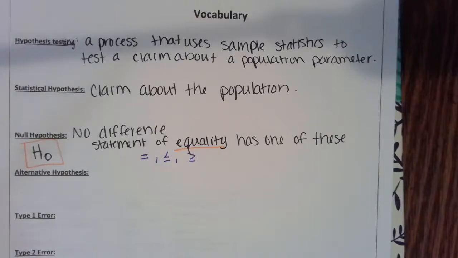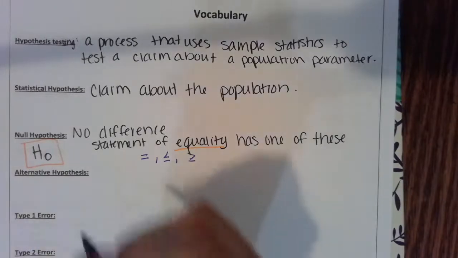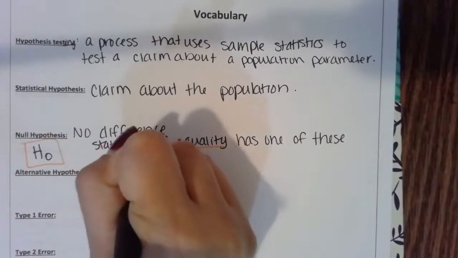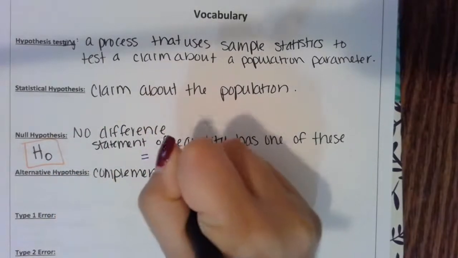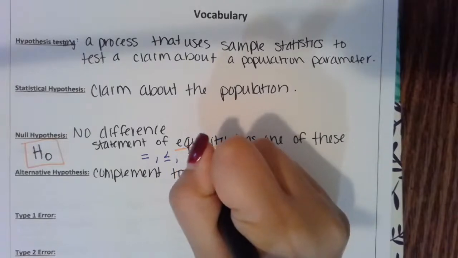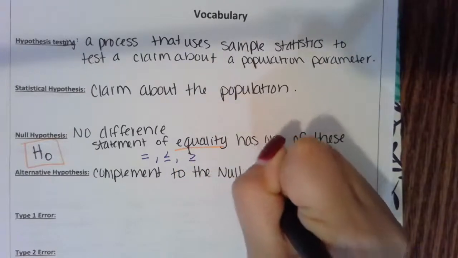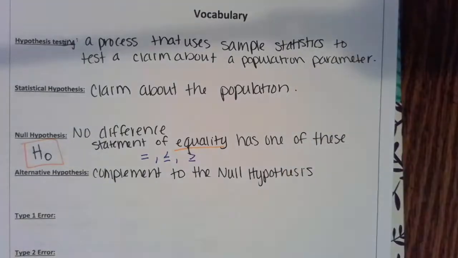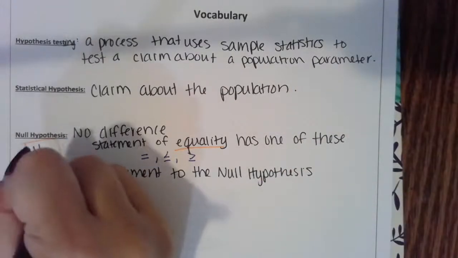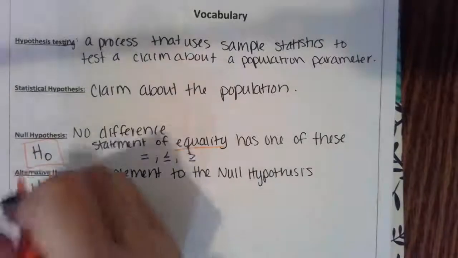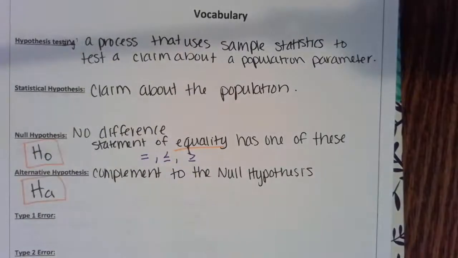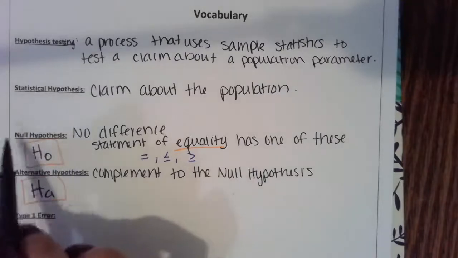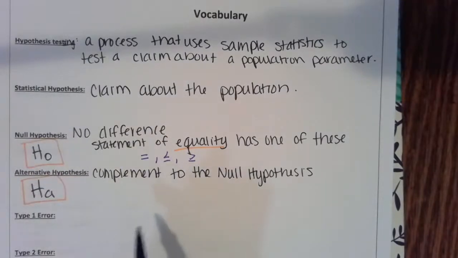The alternative hypothesis, that is the complement. Remember, complement is the opposite of. This is a complement to our null hypothesis. So this one will be denoted as HA. A for alternative, O for null, because the null set is actually just a 0 with a line through it.